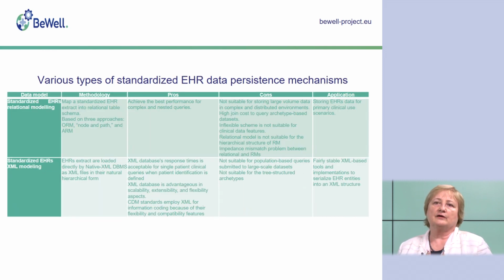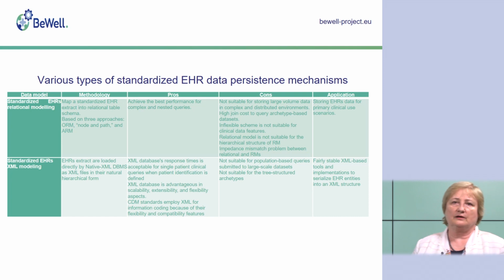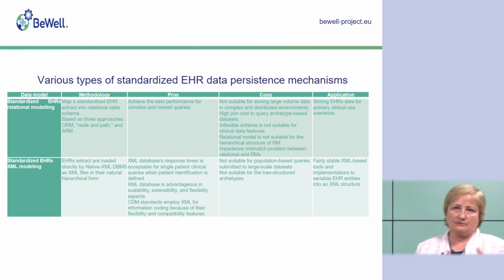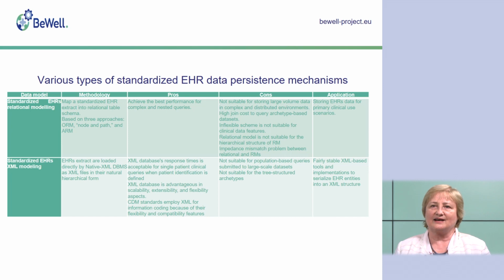These are the other various types of standardized electronic health record data persistence mechanism, and they are presented as data model, methodology, pros, cons, and application. You can see that standardized electronic health records relational modeling are based on this methodology that is map of standardized electronic health records, extract into a relational table schema.